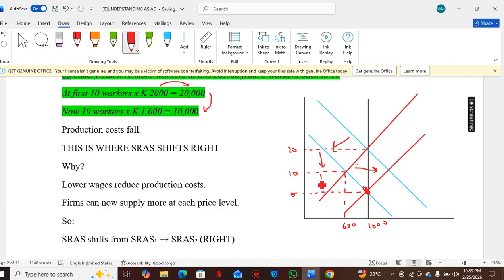And you can sell bread at a cheaper price. Any questions, colleagues?